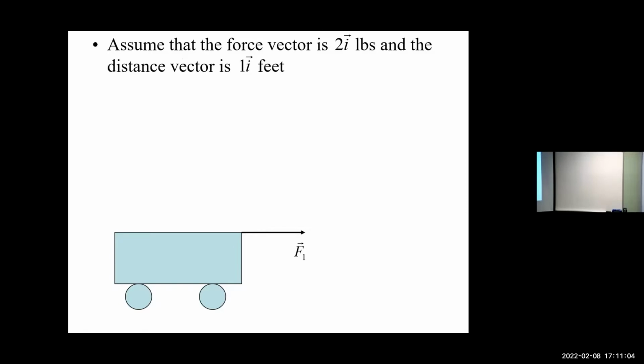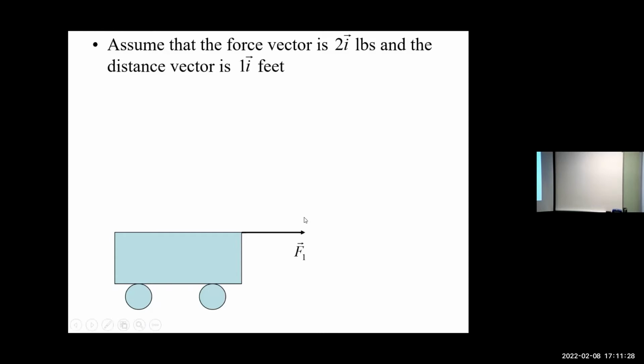So we're basically pulling this thing directly horizontal. That's going to give us 2 foot-pounds of work, because we take the component of the force vector in the direction of the distance vector. They're in the same direction, so this is just basic multiplication.